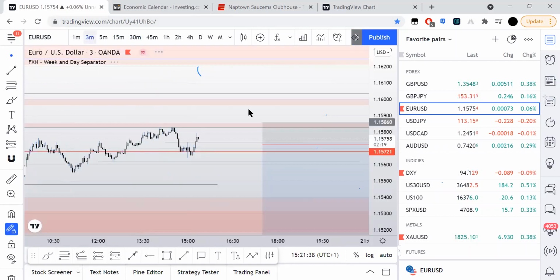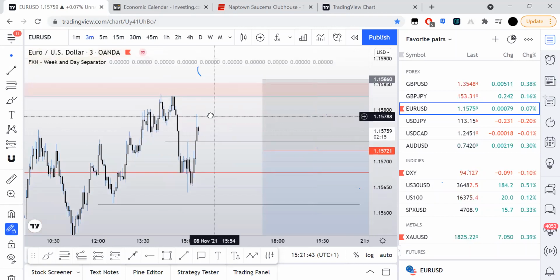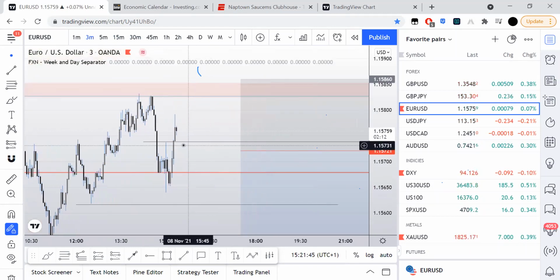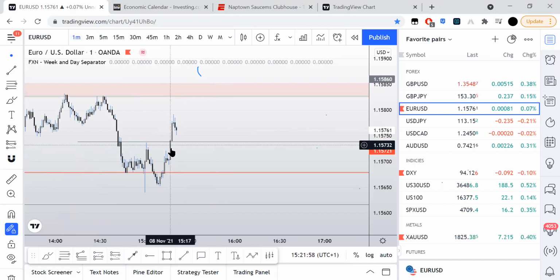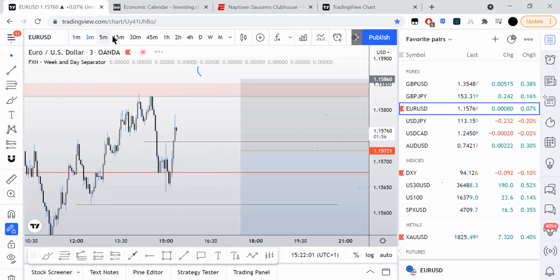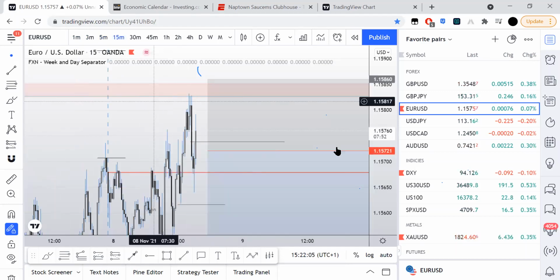Let's go to a lower time frame and see what it's doing. It would be nice for this candle to be taken out here aggressively. Yeah, that would be nice. 5 minute. Yeah, the same candle right here, respecting this 30-minute order block.